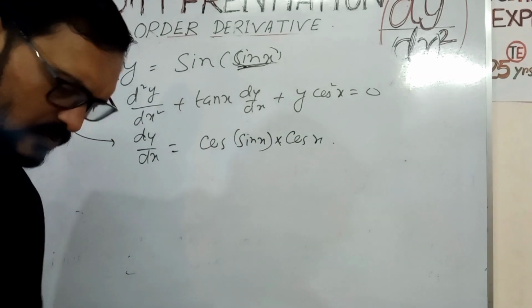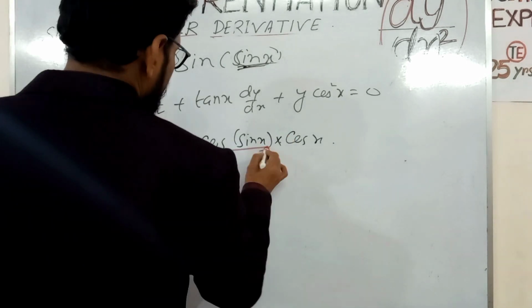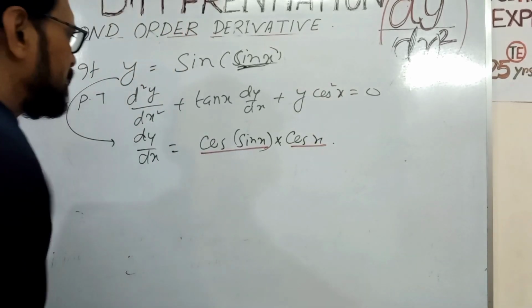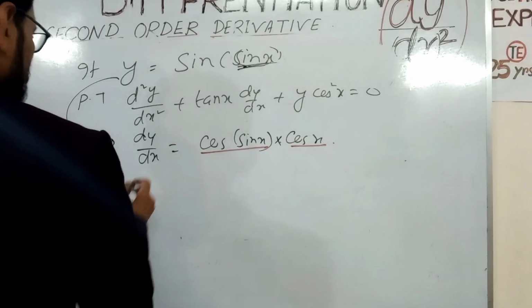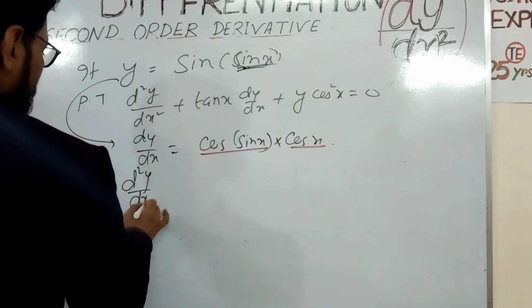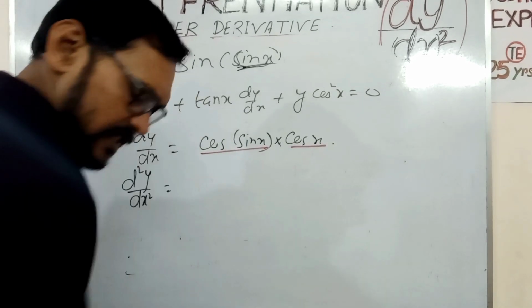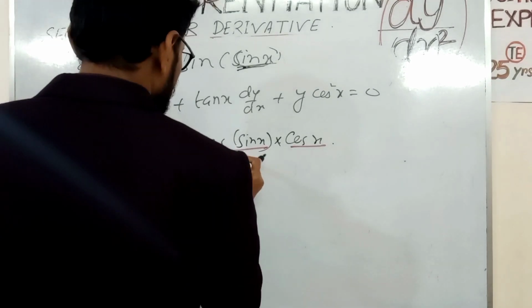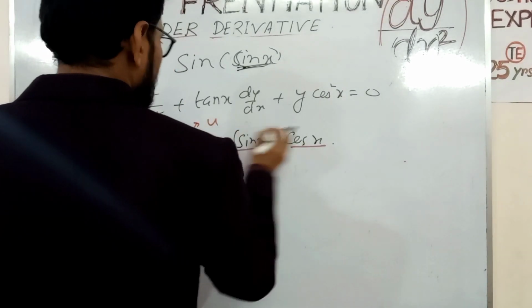Now two terms are present, cos sin x as one term and cos x as the second term. So we differentiate again with respect to x. We get d2y by dx square using the u, v rule.